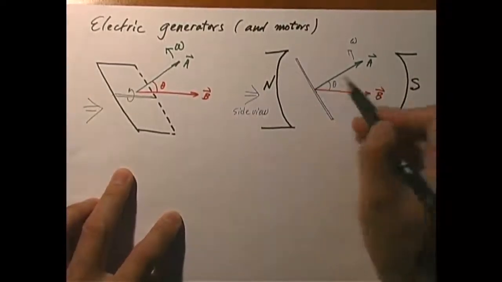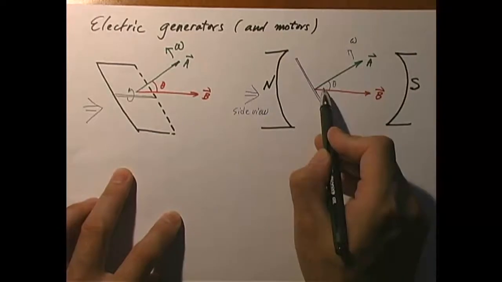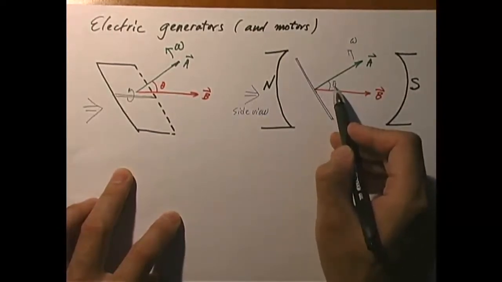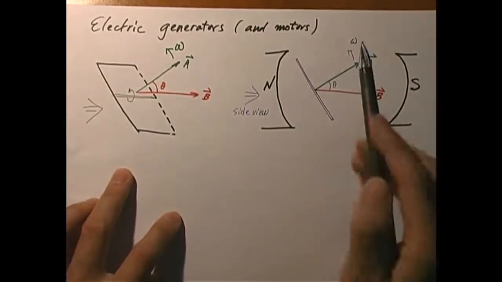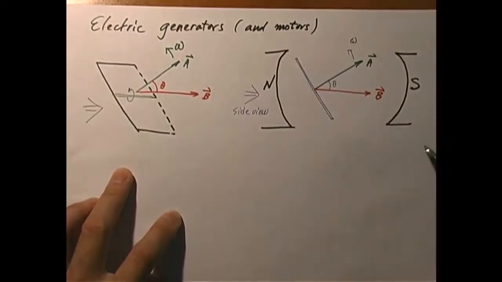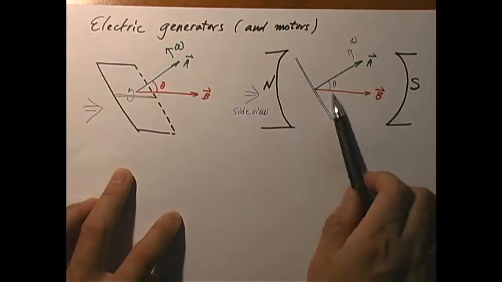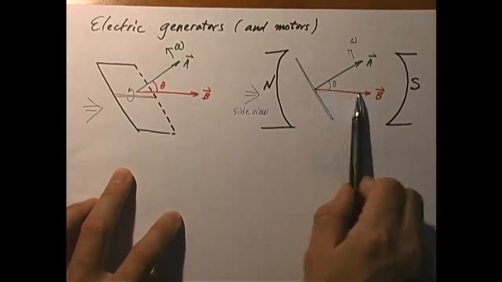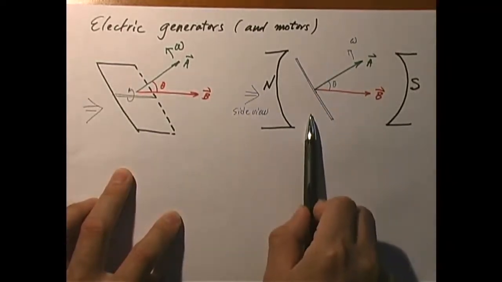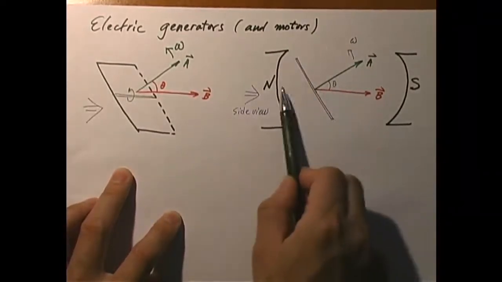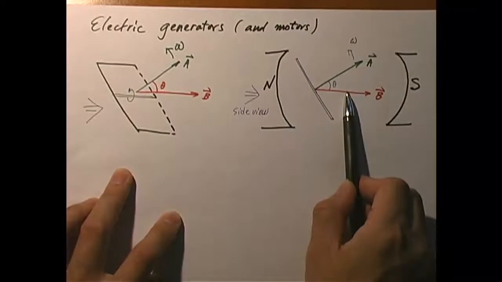At one particular moment, the orientation of the surface of the loop is in this direction, making an angle theta with the direction of the fixed magnetic field. You see, as the loop turns, the area of the loop facing the magnetic field changes, right? In fact, when theta equals 0 degrees, that's when the loop looks like this. So the magnetic flux passing through it will be a maximum. But when theta equals 90 degrees, that's when the loop looks like that, right? And that's when the flux going through it is 0.